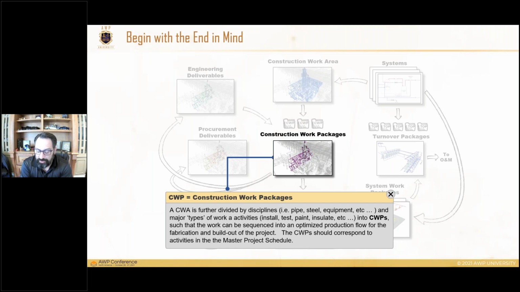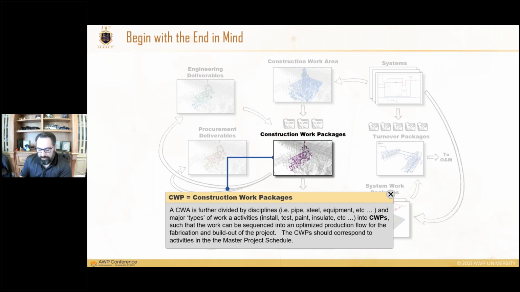So when we're thinking about our contract quilts and how we're going to contract and execute a program, we're very much thinking about construction work packages as well. As we break down those construction work areas to identify the construction work packages that are now discipline specific, we're going to think about contracting boundaries and guidelines and how that contracting quilt is going to work.